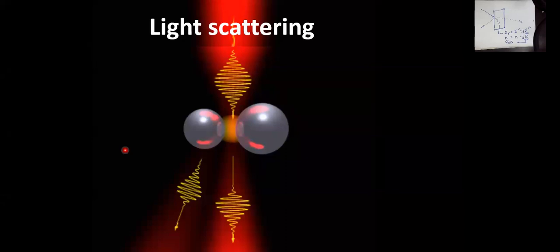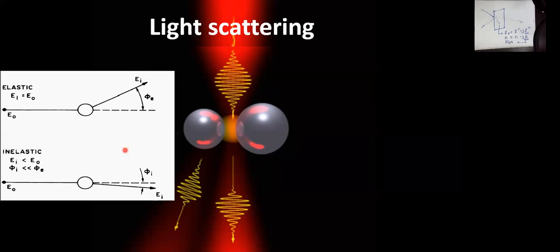Accordingly, we can classify this scattering effect into two main types: what we call elastic scattering and what we call inelastic scattering. For the elastic scattering, whenever your photon collides with a particle, the photon direction changes by some angle.